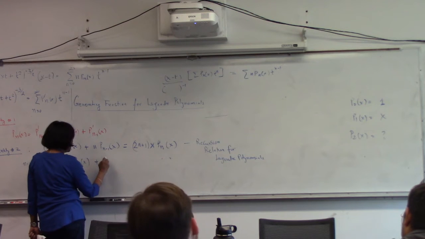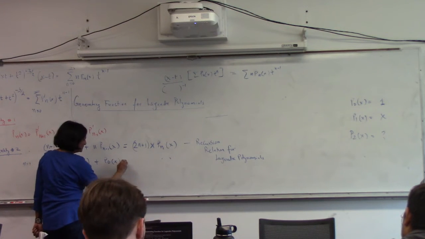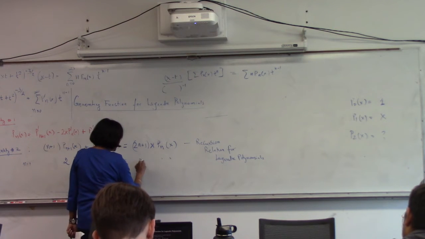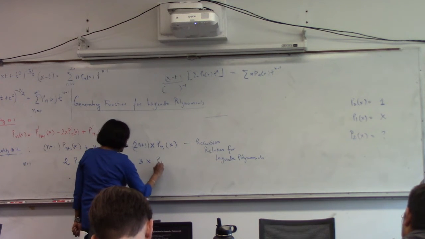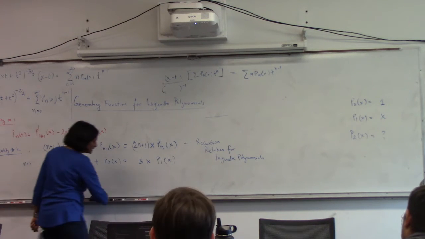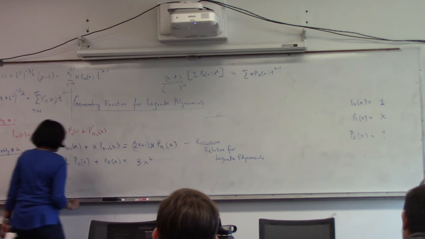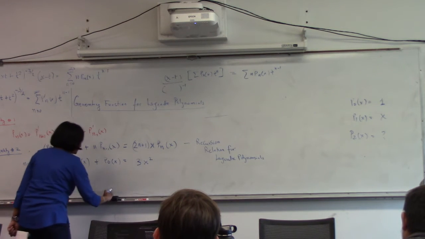So this will give 2 times P2(x), plus n, which is 1, times P0(x), equal to 2 plus 1, which is 3x, times P1(x). And P1(x) is x, so this is 3x squared. And P0(x) is 1.